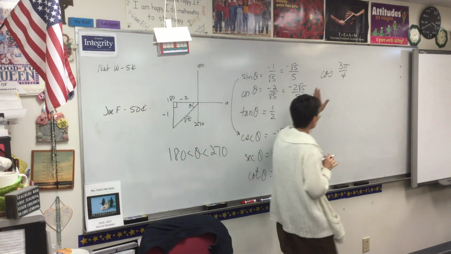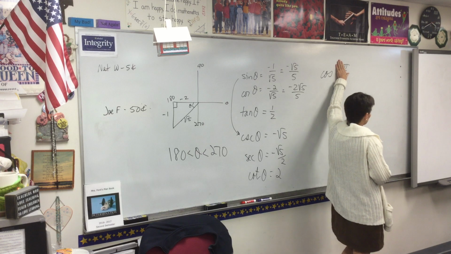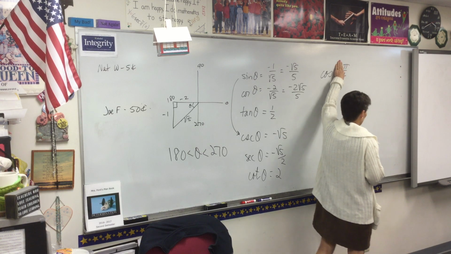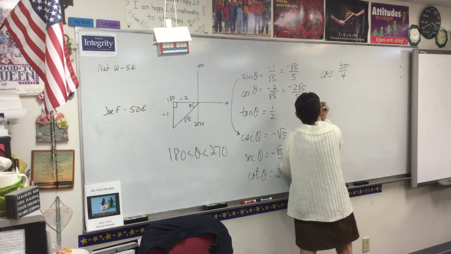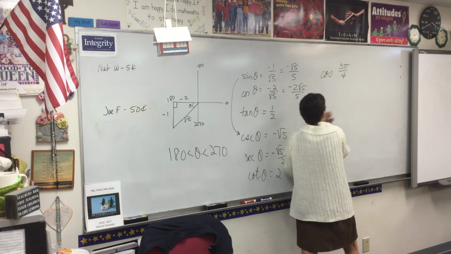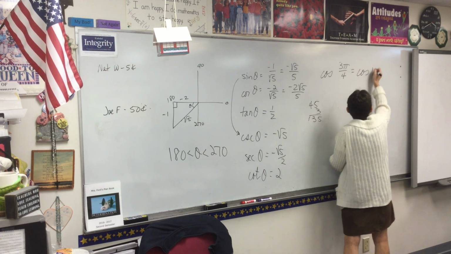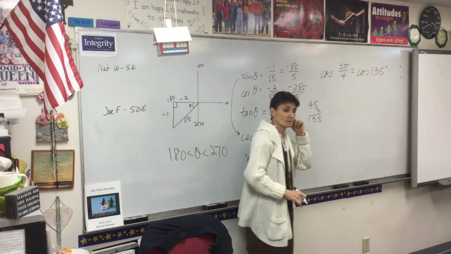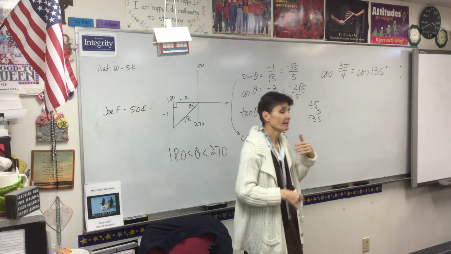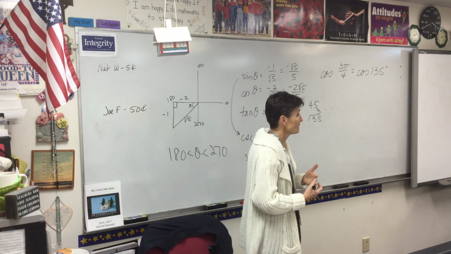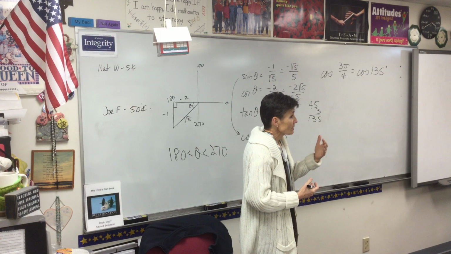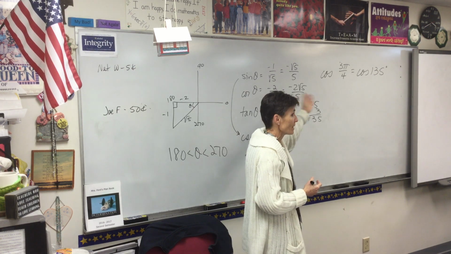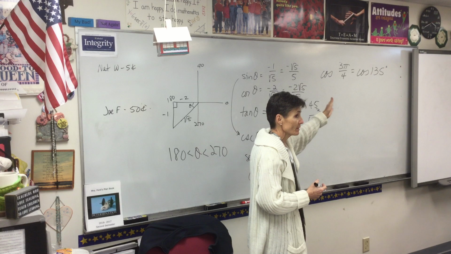Negative degrees, okay, so pi is 180, divided by 4 is 45, times 3 is 135. Now, because I've graded so many papers over all these many years, I kind of know where the mistakes are going to be made. Don't stop here. Sometimes kids do that much, which you need to do, but then they stop.